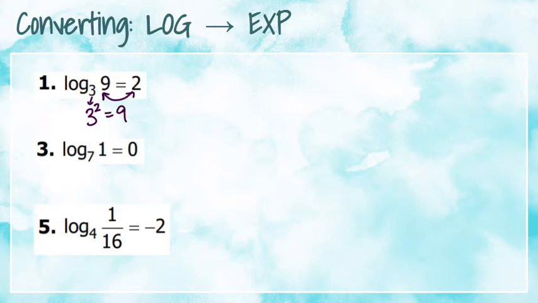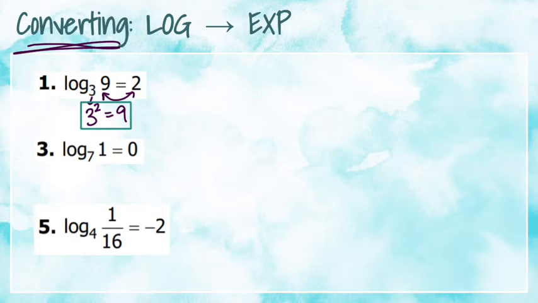And that is a true statement, so you can probably be pretty sure that you switched them around correctly. But your answer is just 3 squared equals 9. We are just converting. We're not asking you to solve anything, nothing else. We just want to convert this from one version to another.